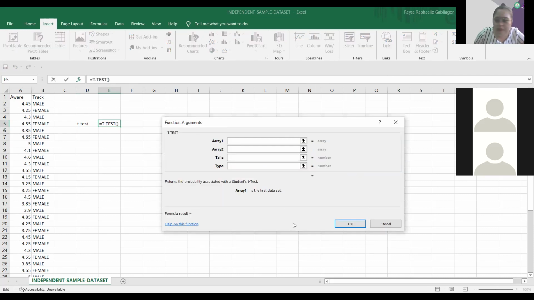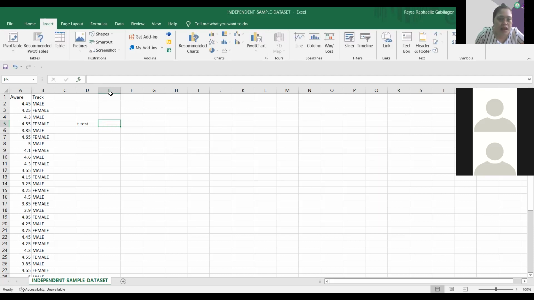And then, my problem is, magkaiba kasi yung pag-arrange ng data. Pag Excel yung gagamitin mo, hindi ganito yung pagka-encode ng data.